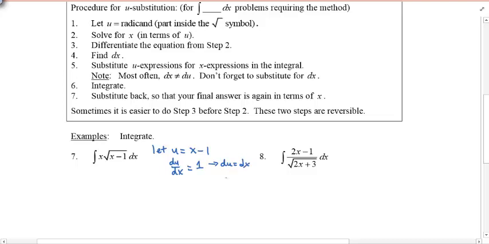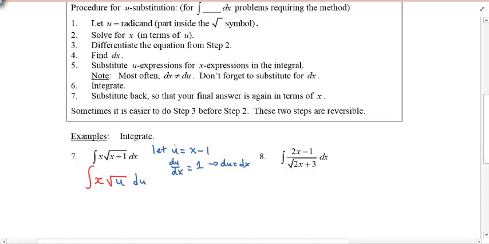And notice what can happen now. My integral becomes the integral of x with a root, you guessed it, u, and my dx now is actually du. And remember how I said everything should be in terms of u? Well, unfortunately, it's not. At least not yet.